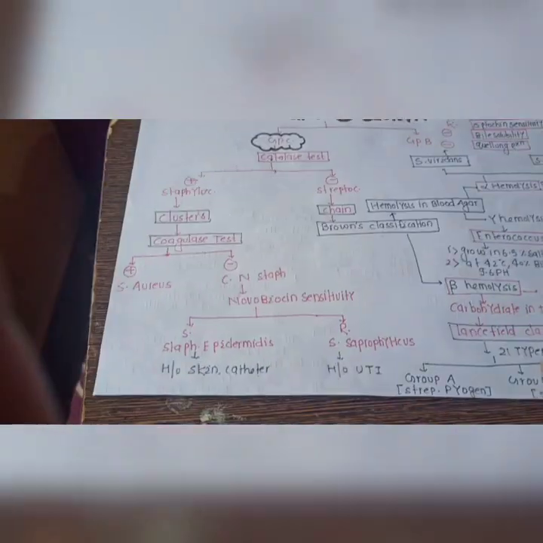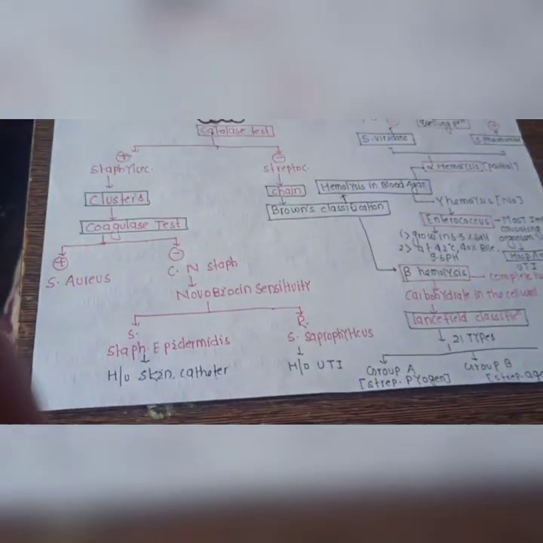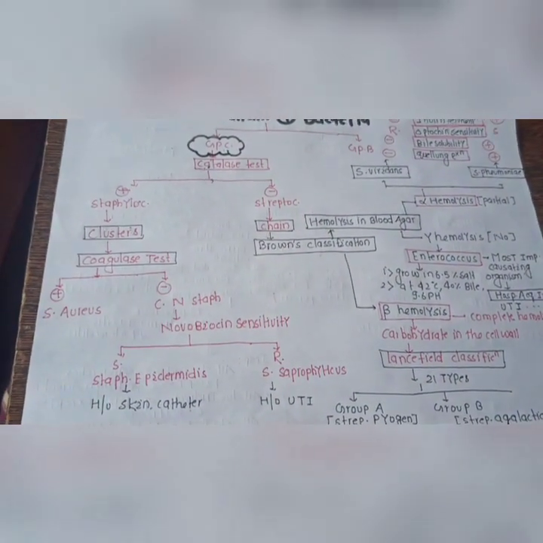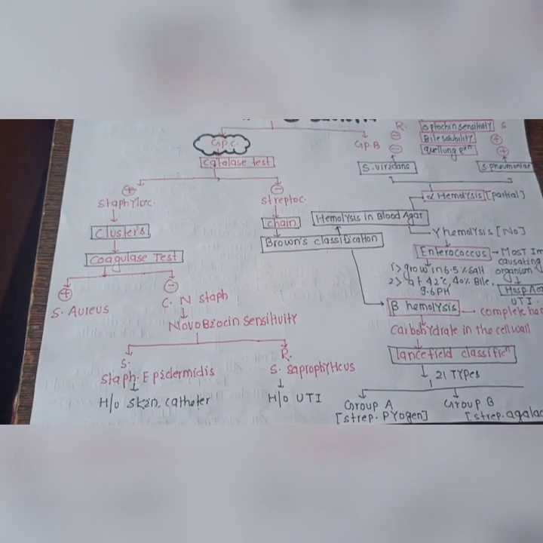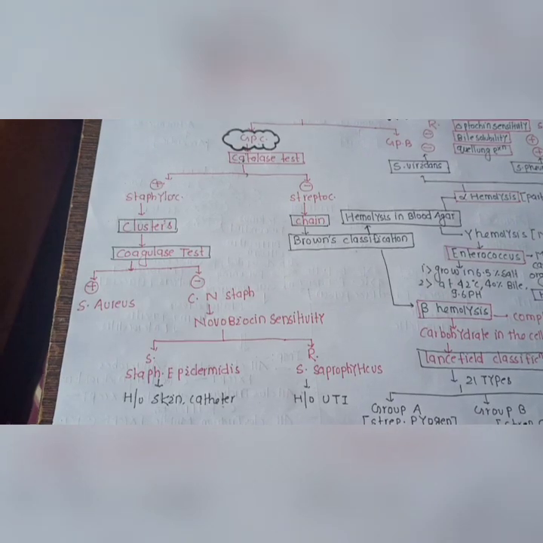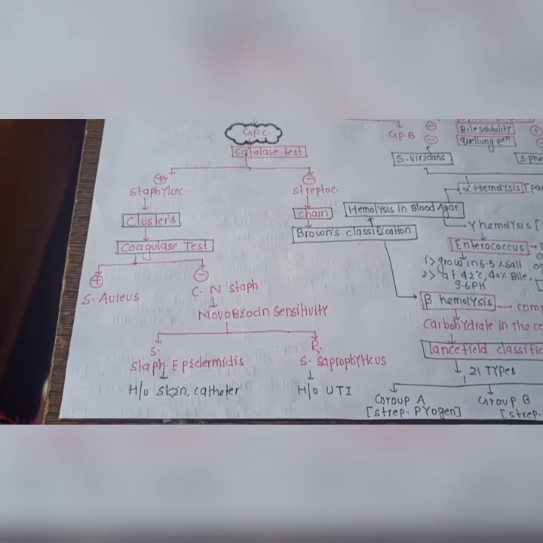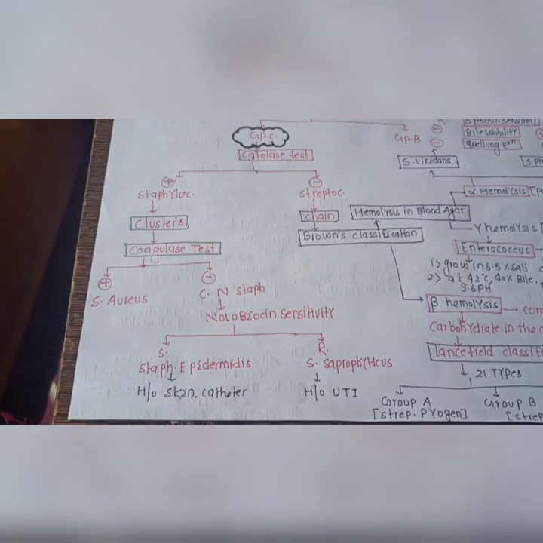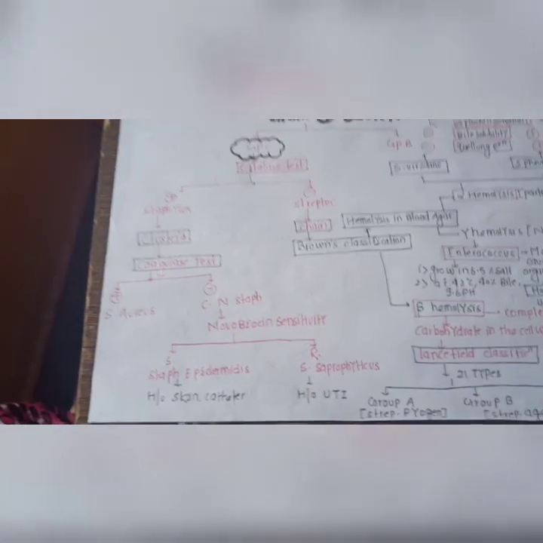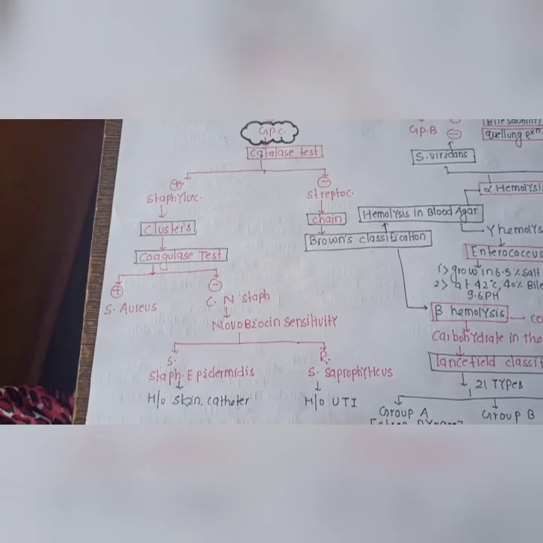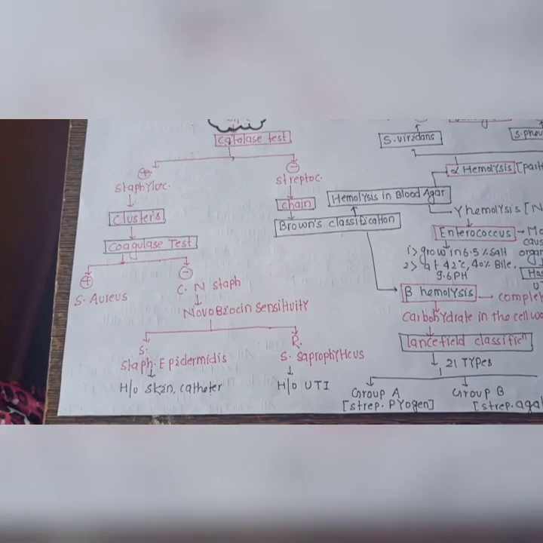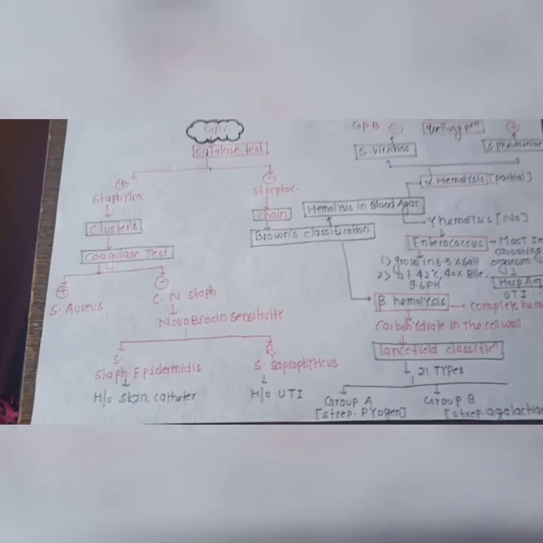So this is the overall classification of gram-positive cocci: Staphylococcus and Streptococcus, two broad terms. Under Staphylococcus, according to the coagulase test and novobiocin sensitivity, we have Staph aureus and coagulase-negative Staph, then Staph epidermidis and Staph saprophyticus.